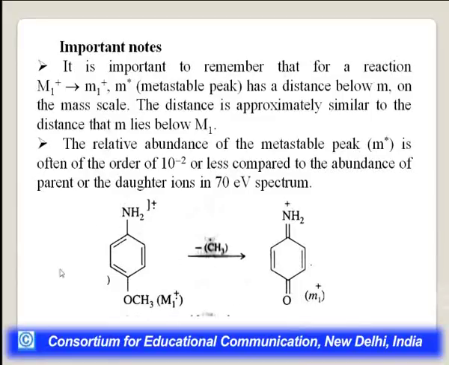This is the molecular ion, and by removal of this radical you will get this kind of metastable ion. I want you to notice that this radical will not be detected in the mass spectrum. Now, how to calculate metastable peaks? What will be the exact values of metastable peaks? Because they are not reaching the collector.